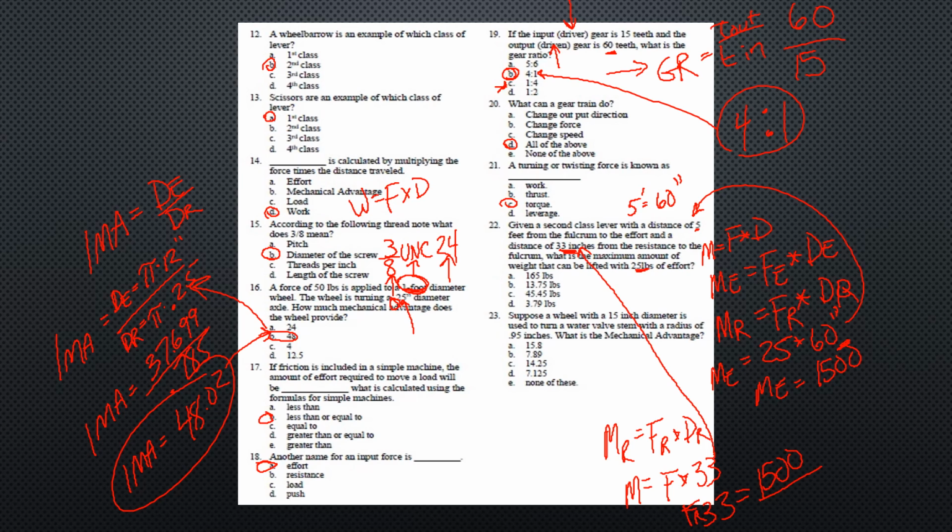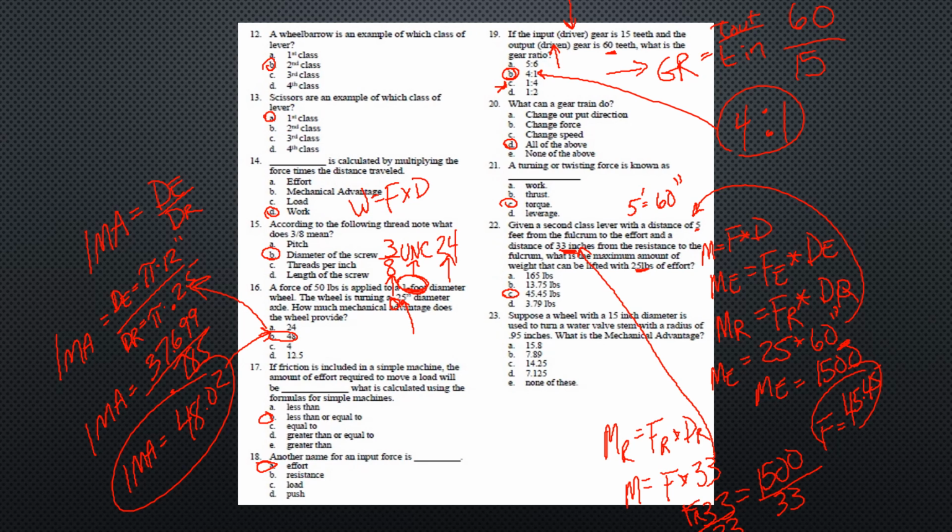Get rid of the 33. So 1,500 divided by 33 is going to give you an answer of 45.45. So C is our answer for 22.